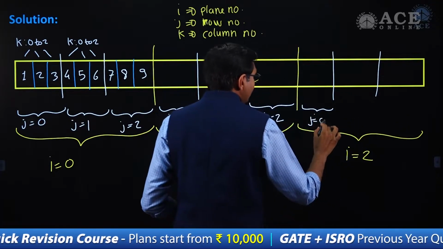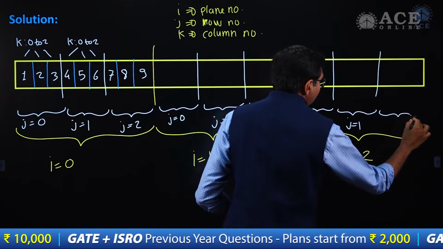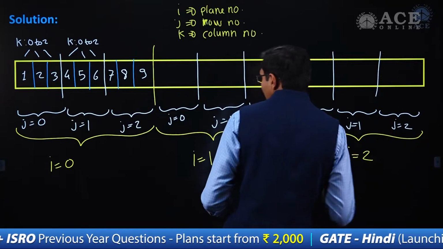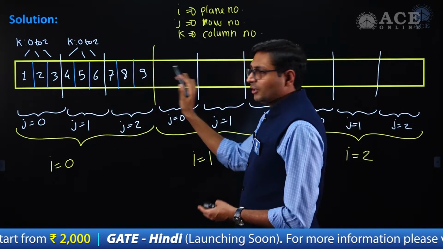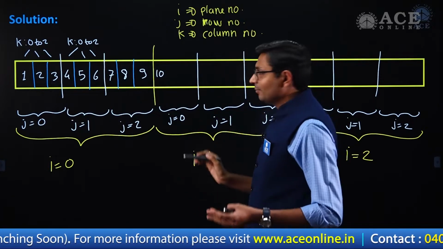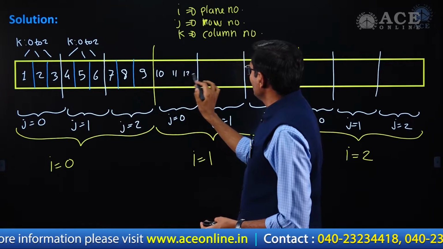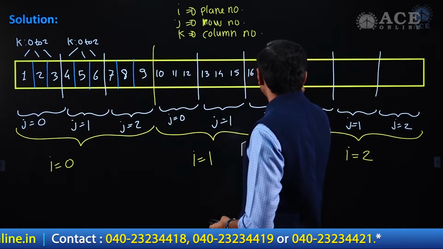Let's put the values. I'll just write all the numbers now: 10, 11, 12, 13, 14, 15, 16, 17, 18.